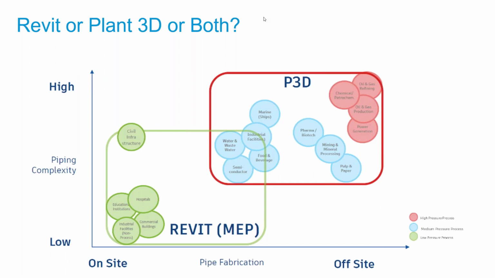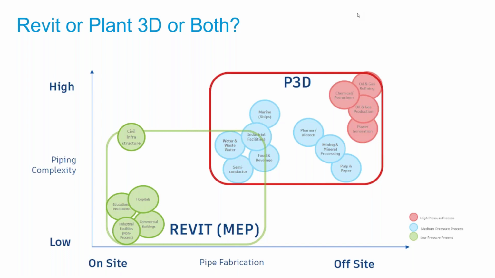You can see, as soon as you go far on pipe complexity, and when I say pipe complexity it's also the pipe constraint, so high pressure pipe, process environments like in the nuclear industry, oil and gas, or power generation.